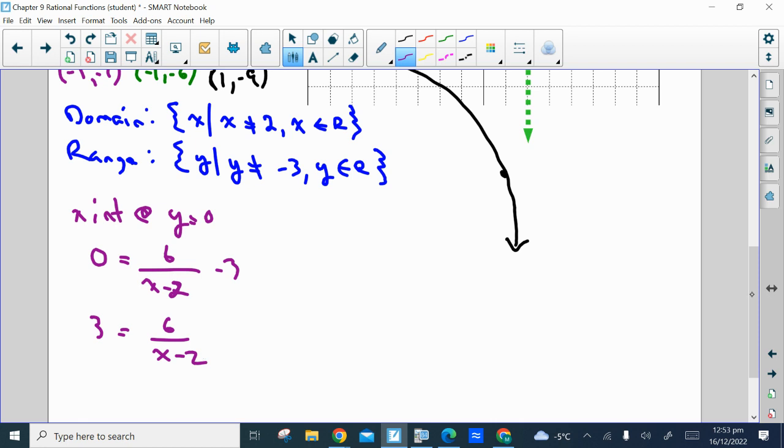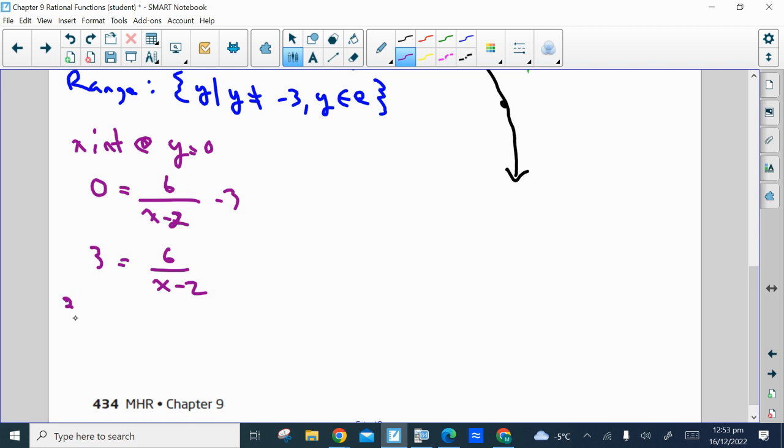Then we'll multiply both sides by x minus 2, same as cross multiplying. And instead of multiplying out the bracket, we can now divide both sides by 3. And then we actually don't need the brackets anymore on the left. When you divide both sides by 3, on the right, 6 divided by 3 is 2. And then add 2 to both sides, you get x equals 4.